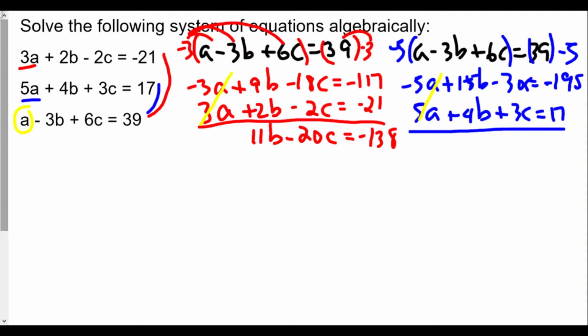We have 15 plus 4 is 19b, and -30c plus 3c is -27c. -195 plus 17 will be negative 178. It's kind of hard to see.